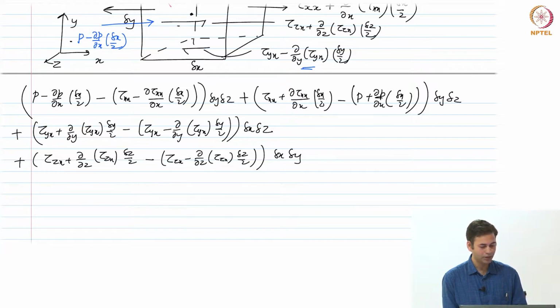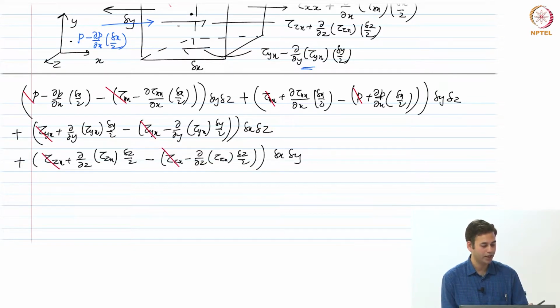Alright, so what terms remain and what terms get cancelled here? Does P retain or does P get cancelled? P gets cancelled. What about tau xx? Gets cancelled, you have a plus here, a minus here. What about tau yx? Gets cancelled. Tau zx also goes away.